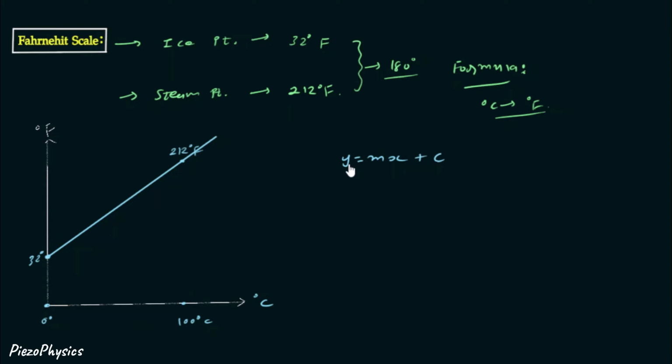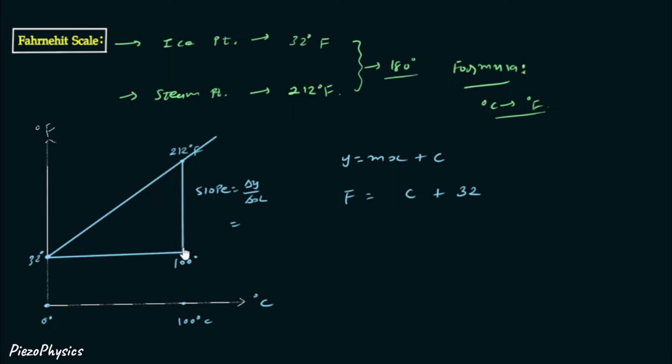Now we have the graph equation y equals mx plus c. On the y-axis we have Fahrenheit, so it will be F. m is our slope, which we have to find. x is our Celsius, plus c is our intercept on the y-axis, that is 32. Now let us find the slope. Slope is delta y by delta x.